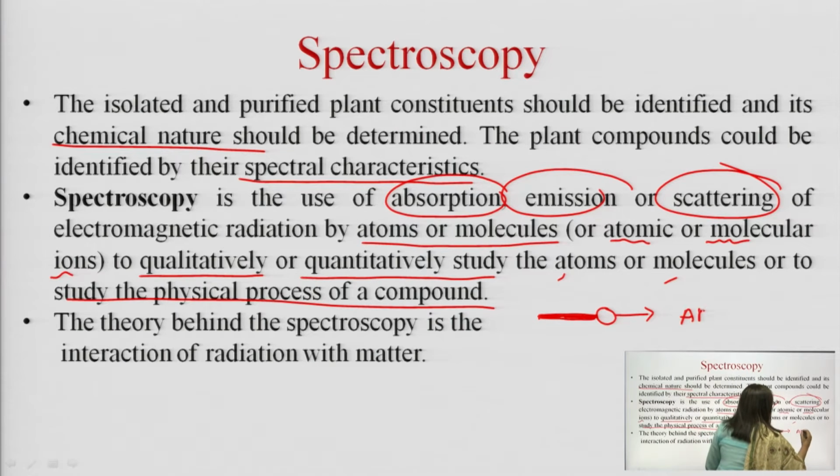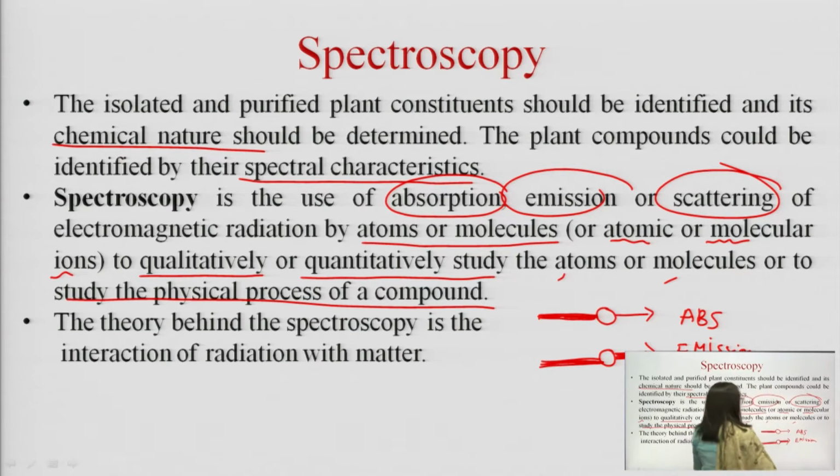So, this is termed as absorption. Similarly, when the electromagnetic radiations reach the sample, a higher kilocalorie per mole energy is released, which is called emission. That means here more amount of energy was emitted.